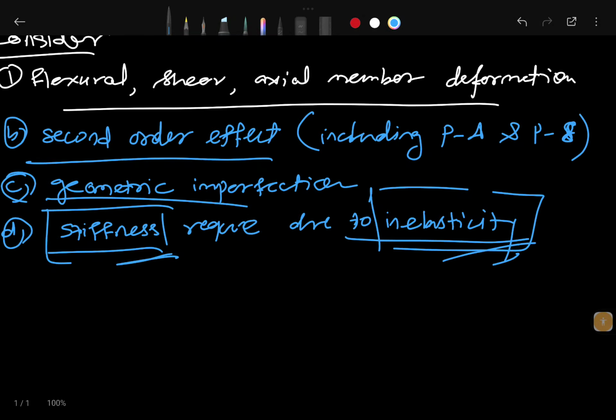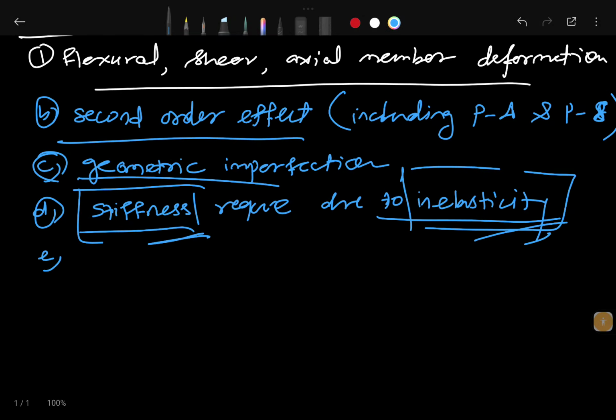Then the fifth point, E, we consider uncertainties in the system. What type of uncertainty in the system?